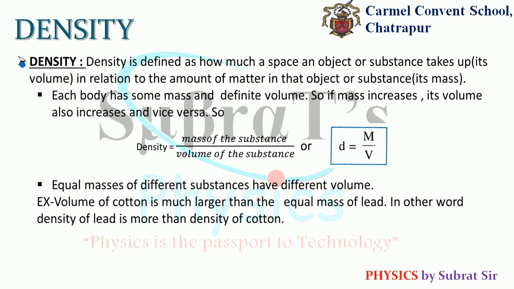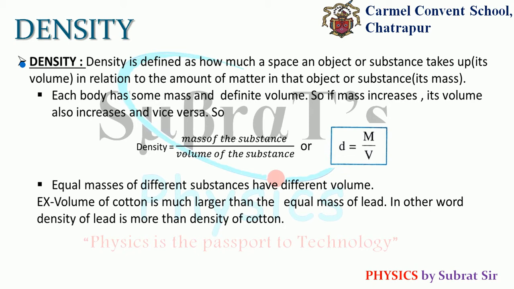And the formula for that is what? The mass of the substance divided by the volume of the substance. So we can say that density can be defined quantitatively like this: the ratio of mass of the substance to the volume of the substance. Equal mass of different substances have different volume. For example, the volume of cotton is much larger than the equal mass of lead.